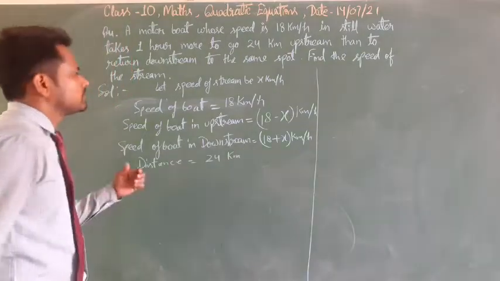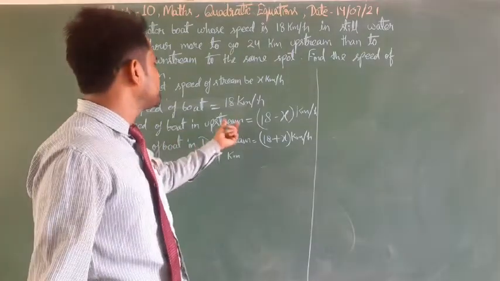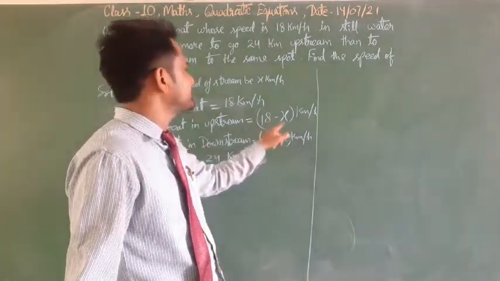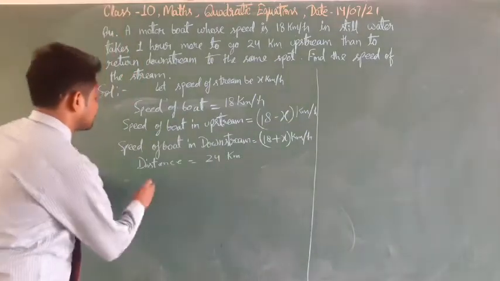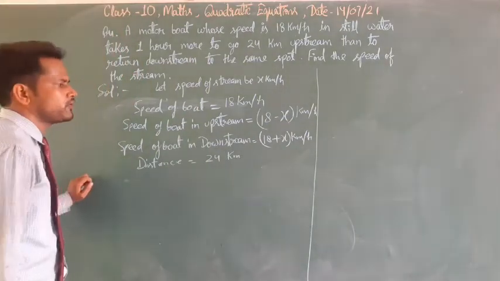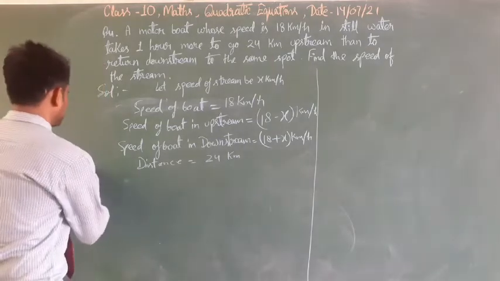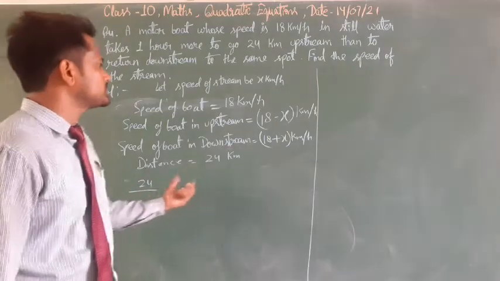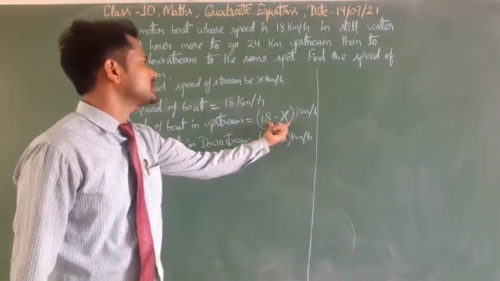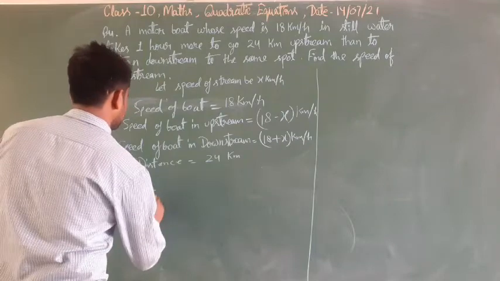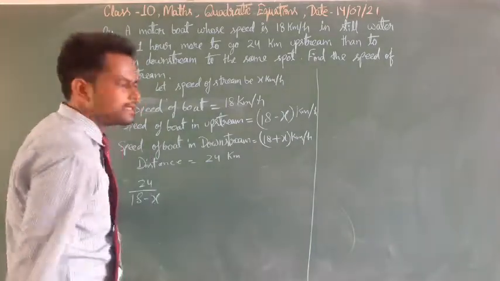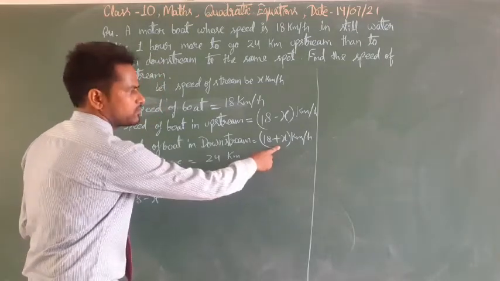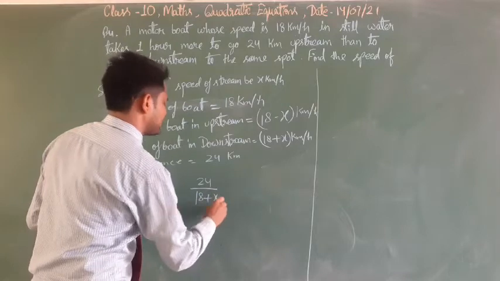So what will be the time when boat travels at this speed, that is 18 minus x. Time is distance upon speed, that is 24 upon 18 minus x, and time taken in downstream, that is 24 upon the speed of boat in downstream, 18 plus x.